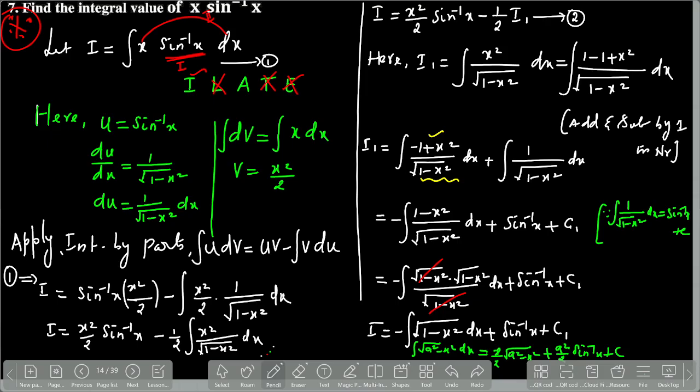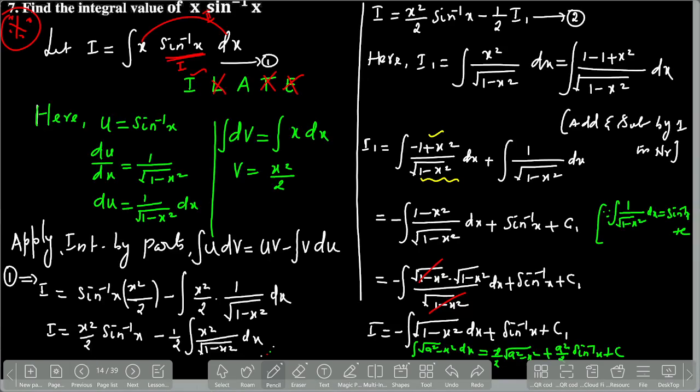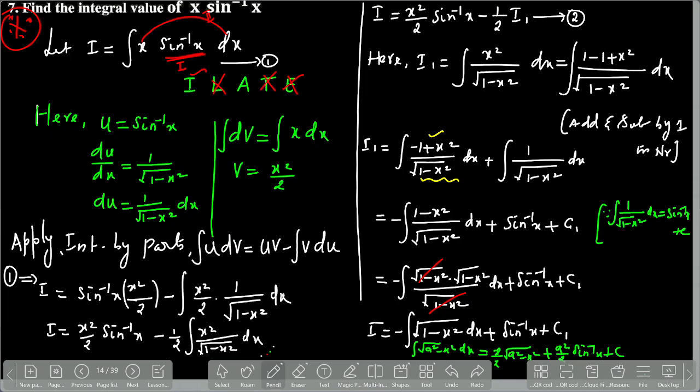So x by 2 into square root of 1 minus x square plus 1 square by 2 into sine inverse of x by 1, plus the already existing sine inverse of x plus c1. And then finally substitute the I1 value in I. That is equation number 2, correct?